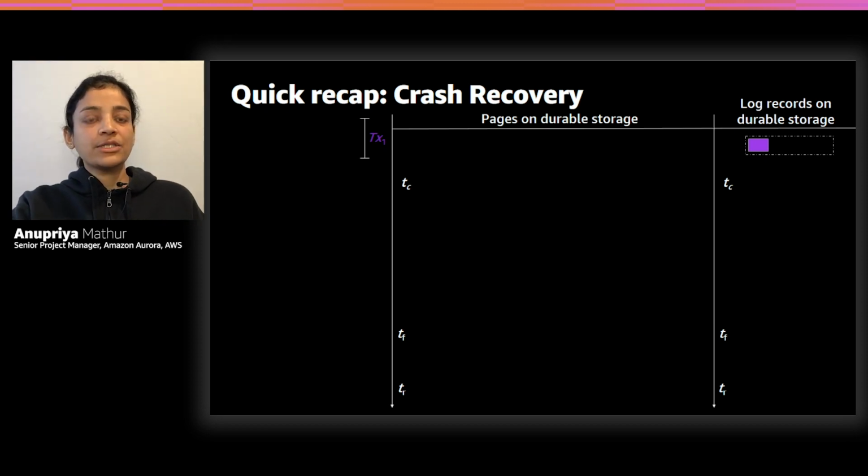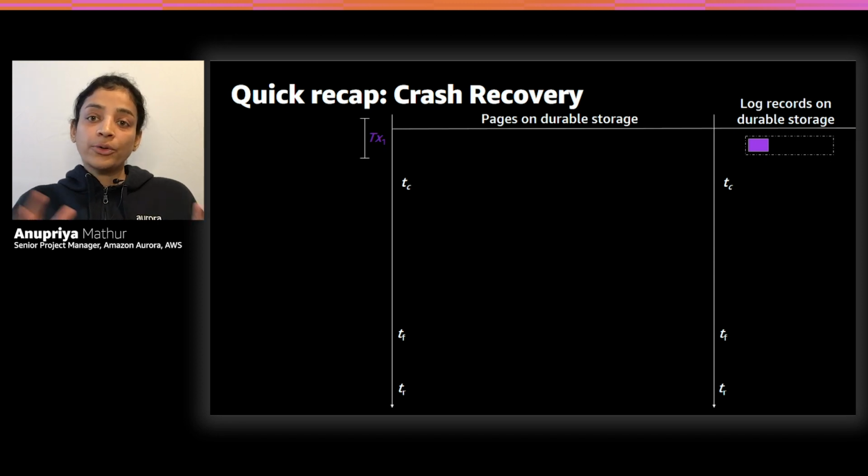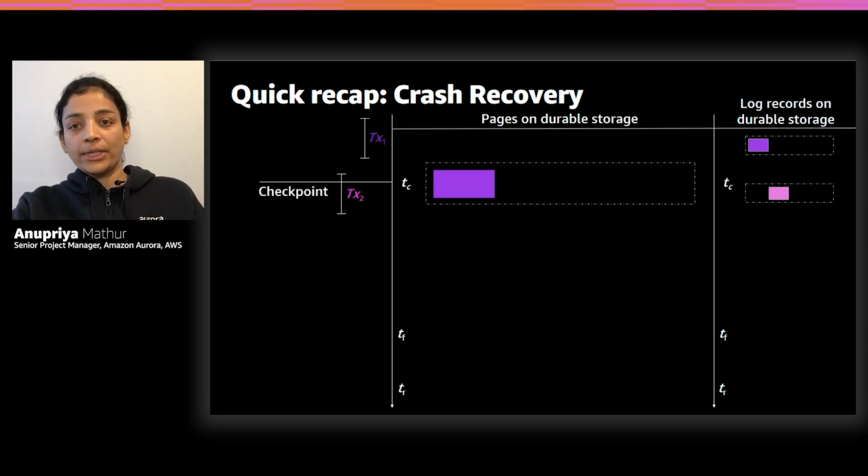So let's say we have this transaction 1 that happens and completes itself. And then there's a log record corresponding to it that will be stored in durable storage. Now note that at this point, there are no pages written to durable storage because no checkpointing has happened yet. Then there's a transaction 2 that starts, but in between there's a checkpoint that occurs.